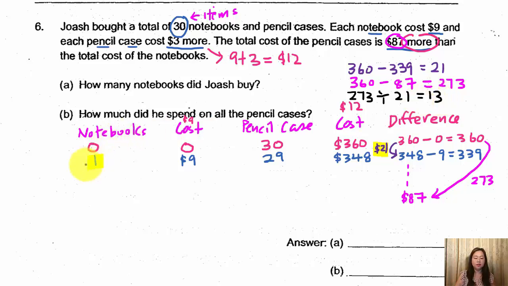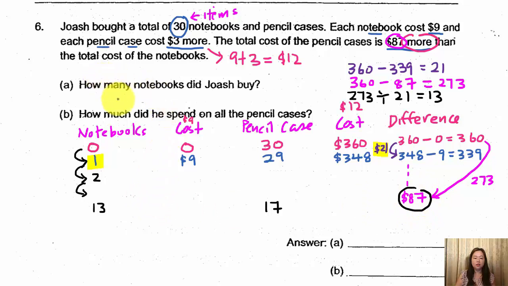So what this means is there is a drop, and the notebook will keep on increasing until it reaches number 13. So it means that when Josh bought 13 notebook, and therefore 30 minus 13 is 17, and 17 pencil case, the difference in the total cost will be $87.